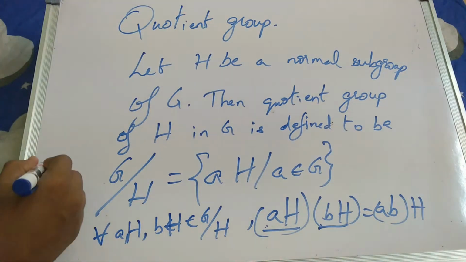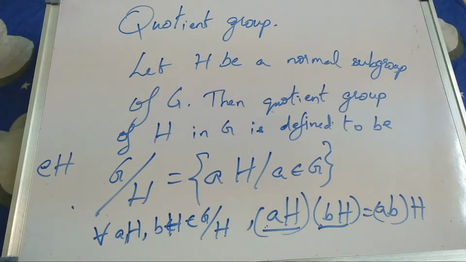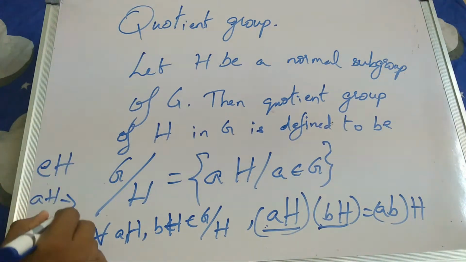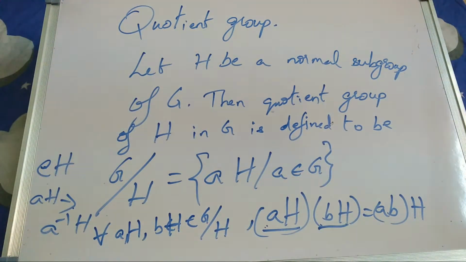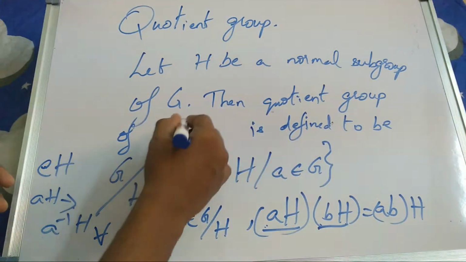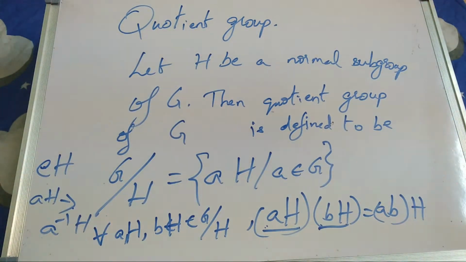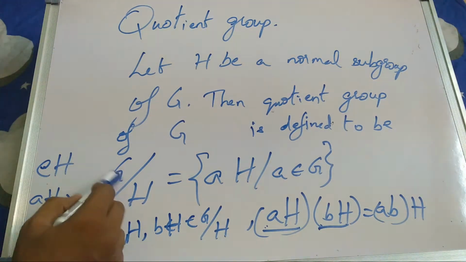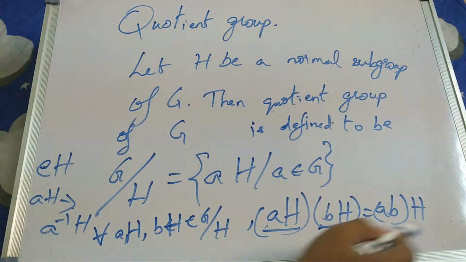So the identity element is going to be eH, and the inverse of aH is going to be a inverse H. So G mod H is called the quotient group of G. Depending upon the subgroup, we will use that. So G by H forms a group with respect to this operation where the identity element is eH and the inverse of aH is a inverse H.